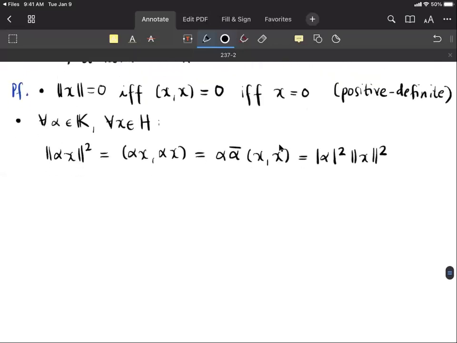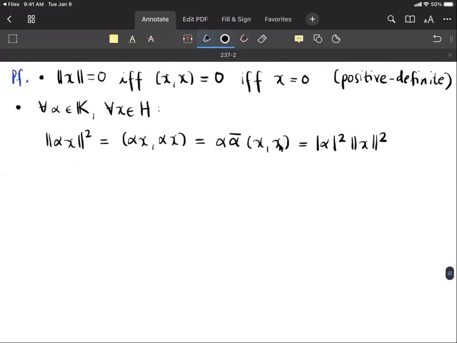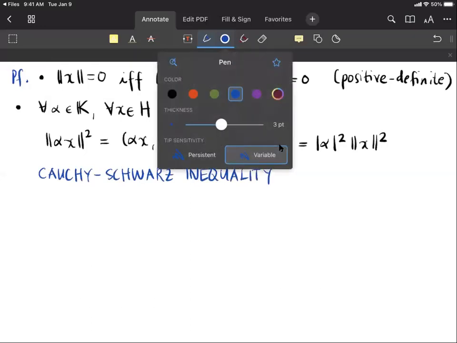Now, to prove the triangle inequality, let us state the Cauchy-Schwarz inequality, which is an extension of what you might know in the case of Euclidean spaces.